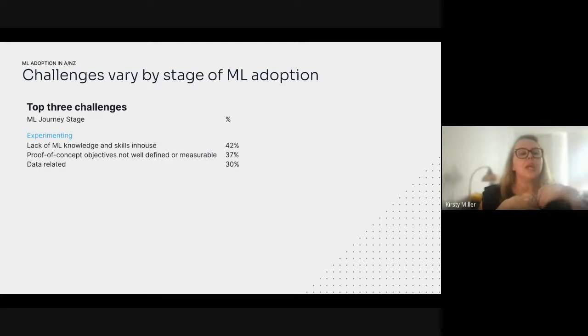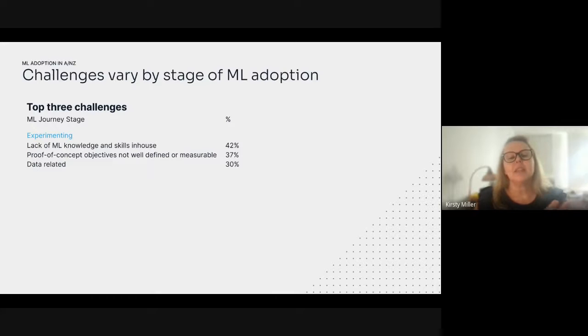So if we asked people about their challenges, and we've just presented the top 3 here, if you're experimenting, you can see that there are actually lack of machine learning knowledge and skills in-house. You know, not being able to define a proof of concept or a pilot can be a challenge, and then also data related.